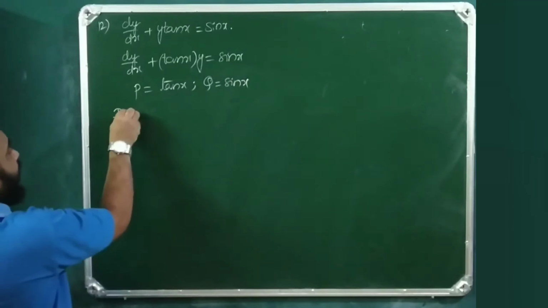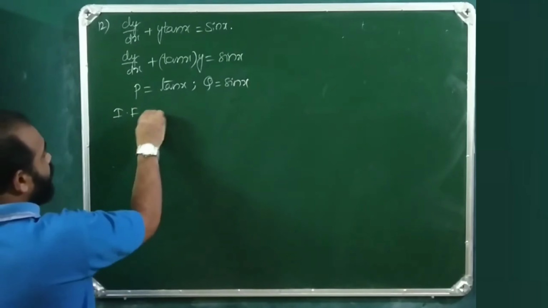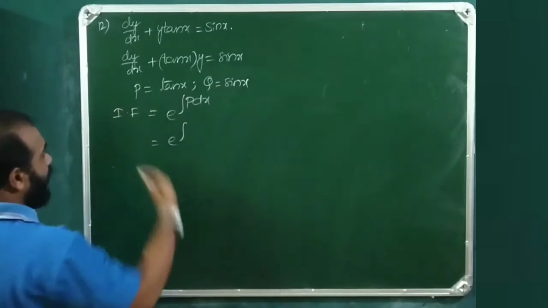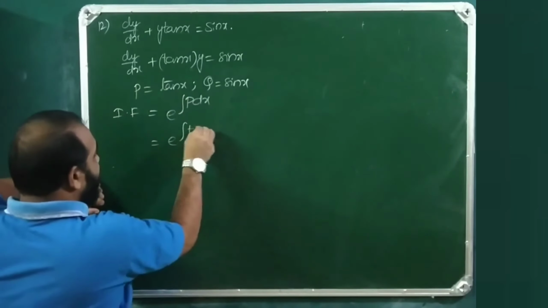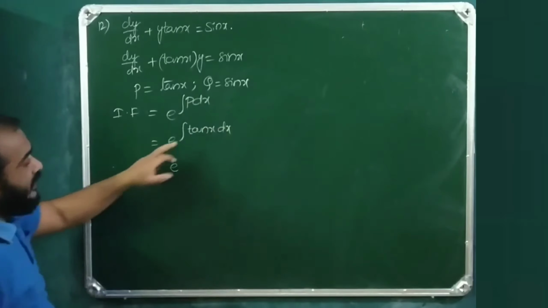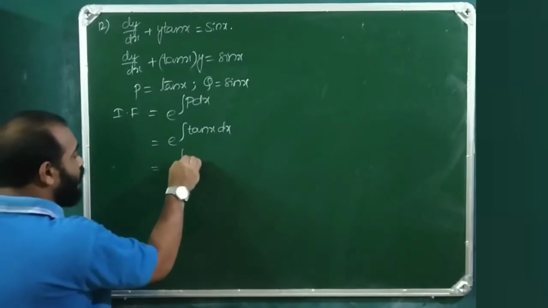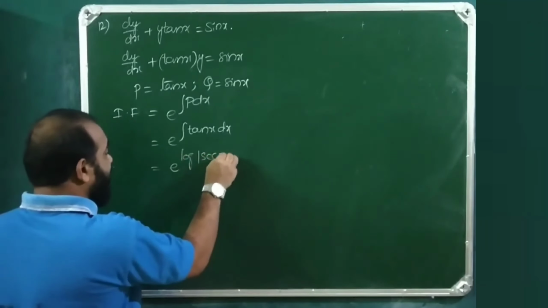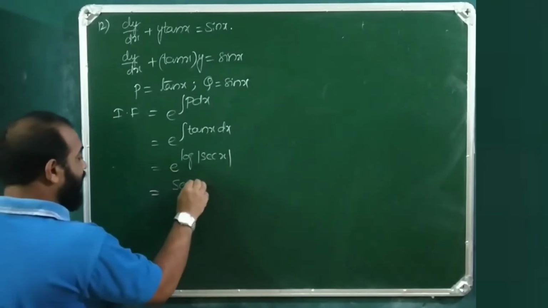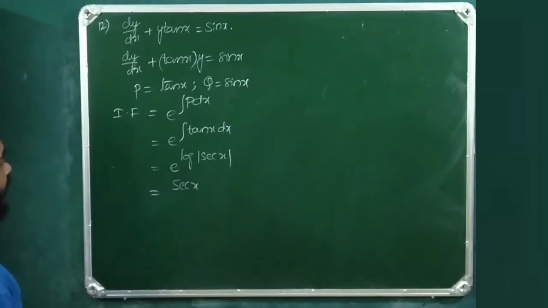So the integrating factor is equal to e power integral p dx, e power integral tan x dx. So this is equal to e power integral tan x, which is log modulus of secant x. The e power and log get cancelled. Secant x is the integrating factor.